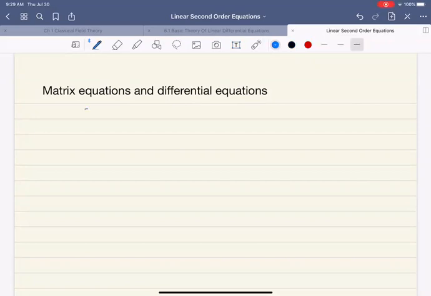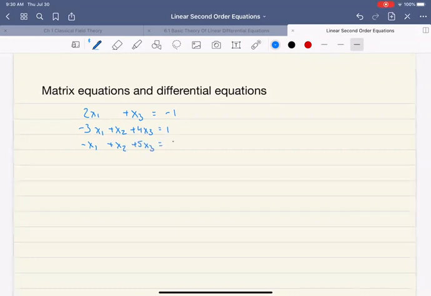This is one from the book: 2x1 plus x3 equals -1, -3x1 plus x2 plus 4x3 equals 1, and then -x1 plus x2 plus 5x3 equals 0.